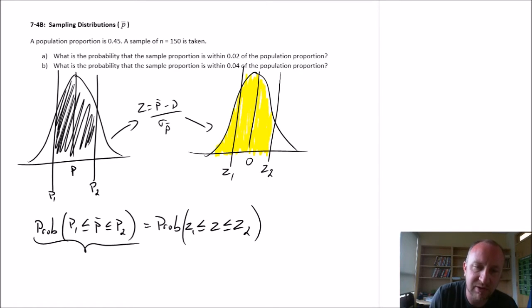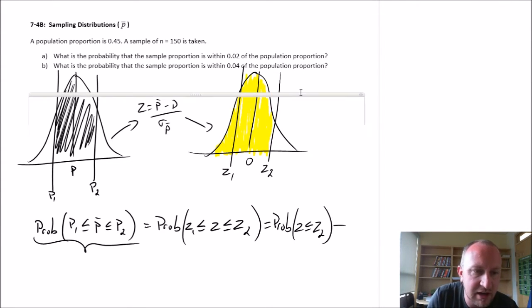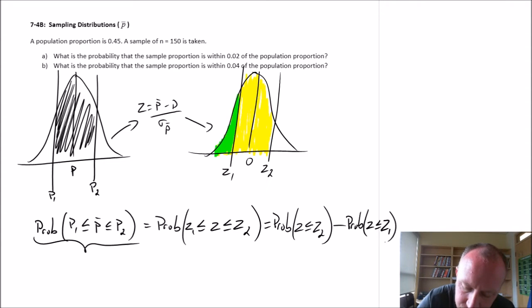So I need to figure out the probability that z is less than or equal to z2, and then subtract from it the probability that z is less than or equal to z1, and that leaves us just that yellow space, which is our probability of interest. Almost running out of room there.